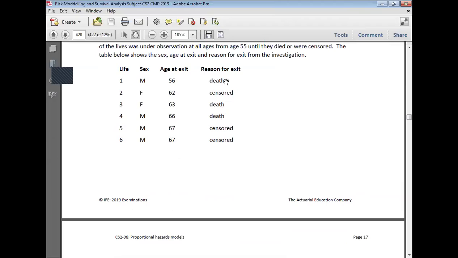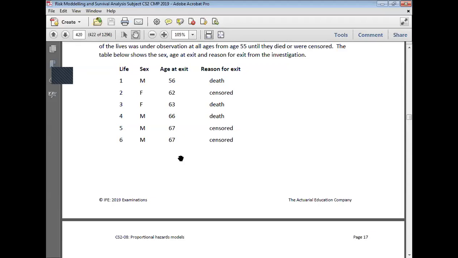And again, when we look at this, we know each one of these 6 lives was alive when the first life died. But when we look at the third life, we know that the first and the second one were dead. But is this how we are going to look at it? No, we have to look at the age at exit, right? Because what we know is when we started the observation, we started with people aged 55.